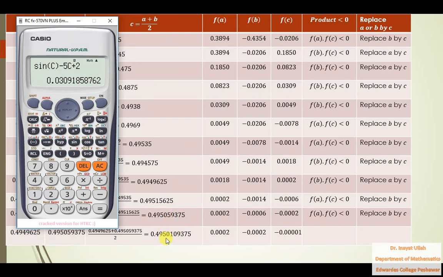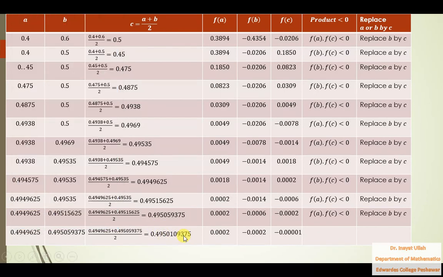So the last value of c will be considered as the root of the given equation. So hence the root up to 4 decimal places is x equal to 0.4950. This is the root up to 4 decimal places by using the bisection method.